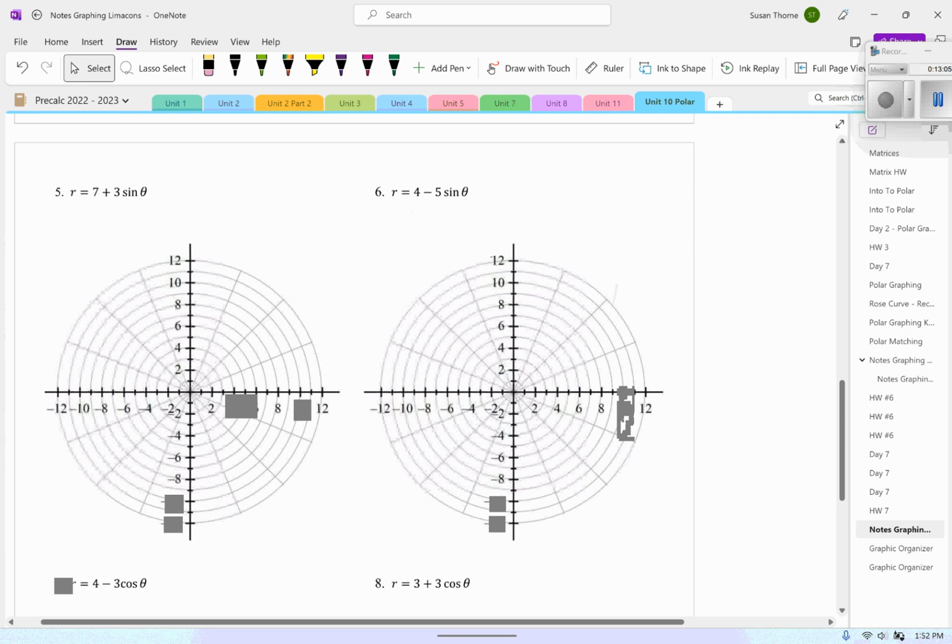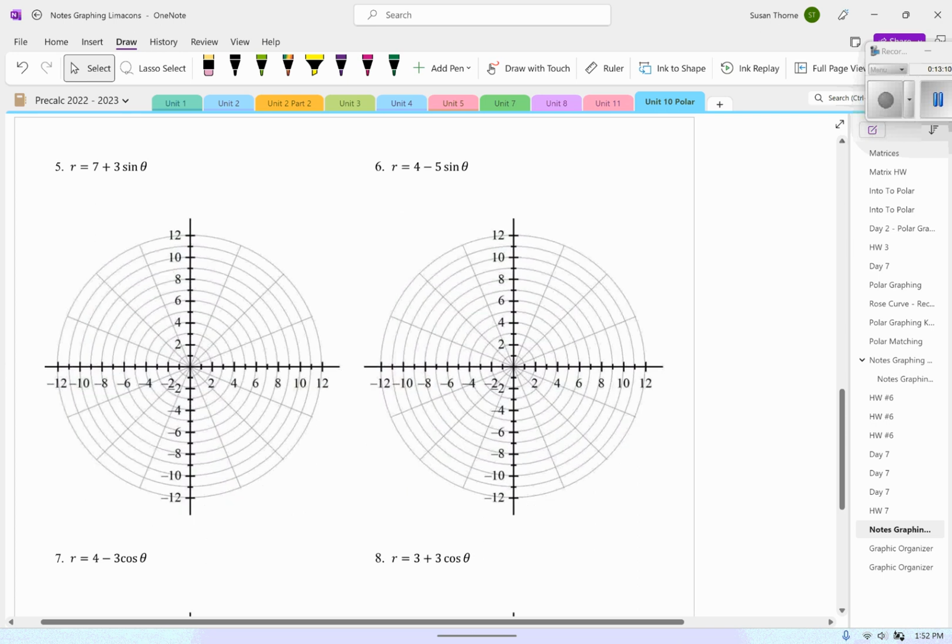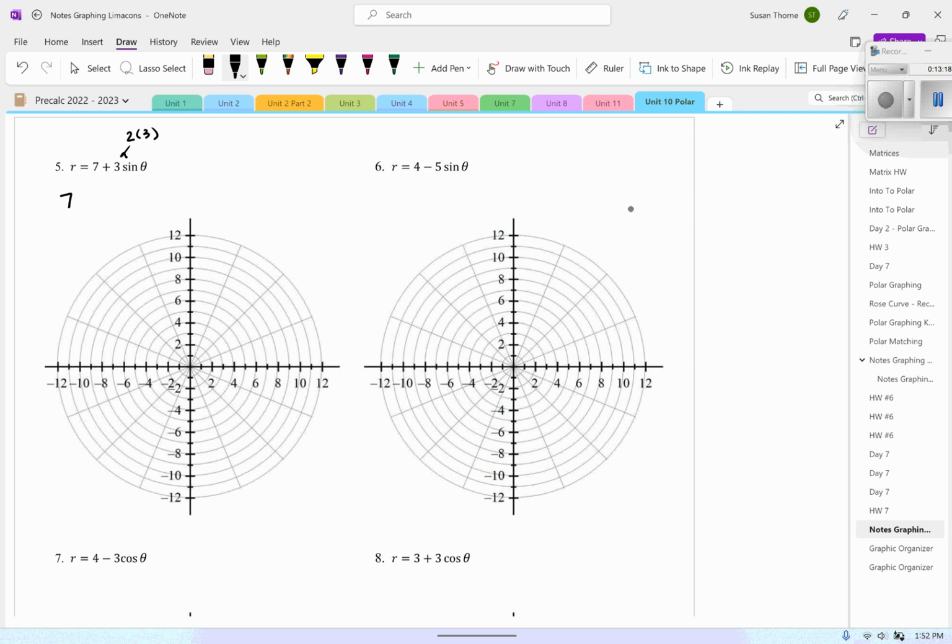All right, so let's go ahead to the next one. For this one, we have r equals 7 plus 3 sine theta. So 2 times 3 is 6. So that means that 7 is greater than or equal to 2 times 3. So A is greater than or equal to 2B, and that's the absolute value. So this one's also convex. Our maximum r value would be the absolute value of A plus B, so 7 plus 3 is 10, and A minus B gives us 4.